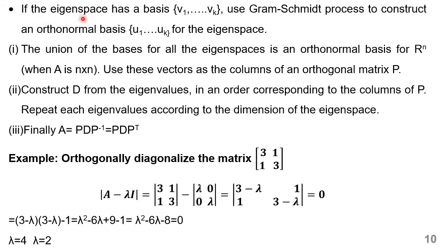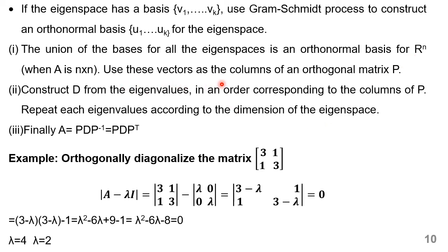If the eigenspace has multiple vectors in its basis, say v1 to vk, then we have to make use of the Gram-Schmidt process to construct the orthonormal basis u1 to uk for the given eigenspace. The union of the bases for all the eigenspaces is an orthonormal basis for R to the power n, where n cross n is the dimension of the matrix A.